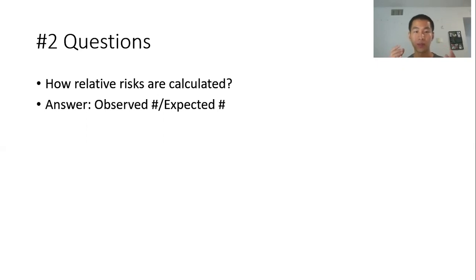It is just the observed number of cases divided by the expected number of cases. If you observe, let's say, 10,000 COVID cases in Denver, however, you only expect 100 cases in Denver during this time period, the relative risk for Denver in this case is 100.